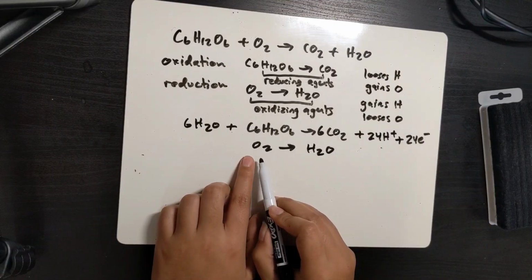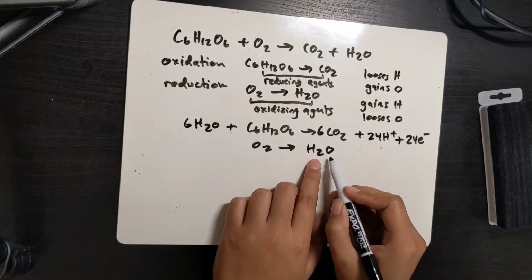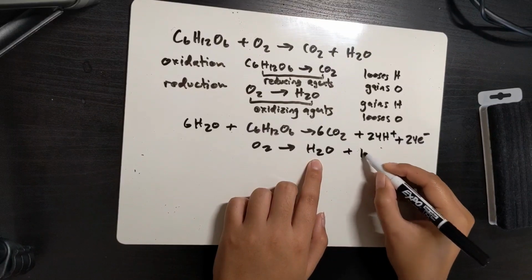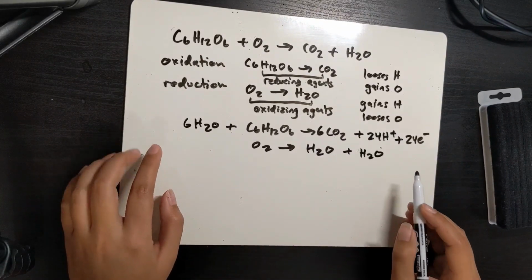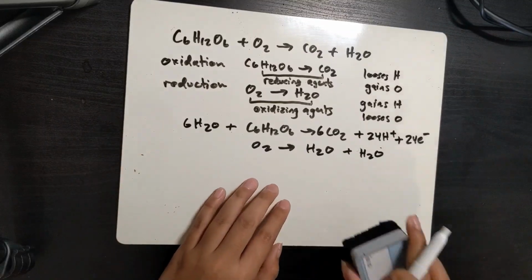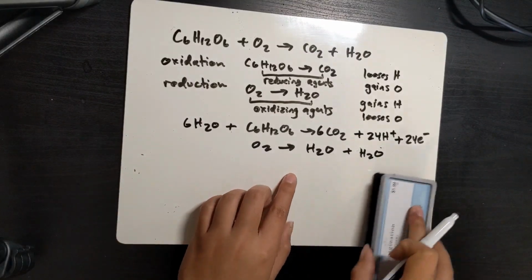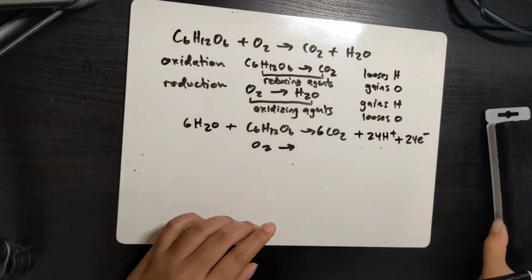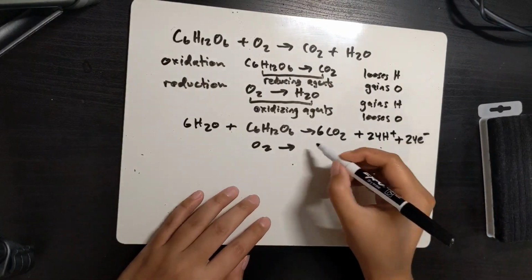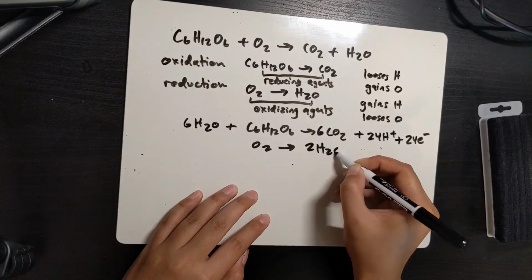Now look at O's. There's 2 on the left, there's 1 on the right. We have to add 1 more water molecule to balance the left and the right. H2O plus H2O can be rewritten as 2H2O.